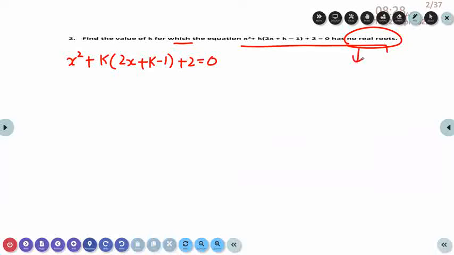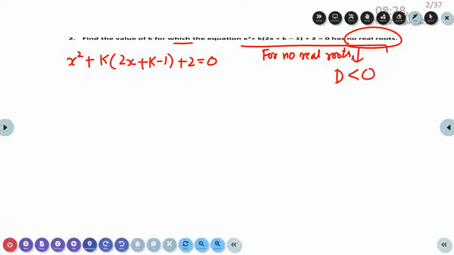Equation is x square plus, just open the brackets now. It is x square plus 2xk plus k square minus k plus 2 equals to 0.